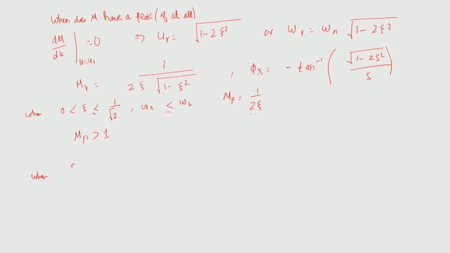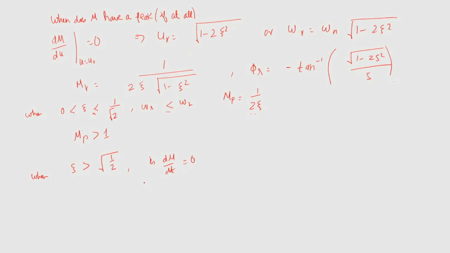And the second case, when zeta is greater than 1 over square root of 2, I will ask myself, is dm by du equal to 0 for any of this, right. It turns out, when zeta is greater than 1 over square root of 2, this number will not exist, right.